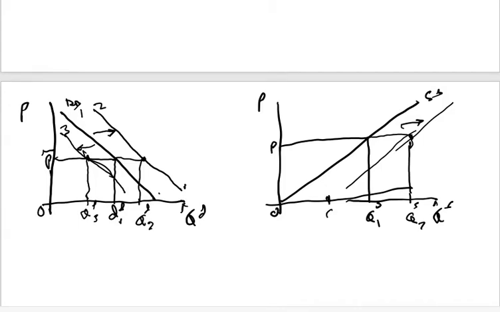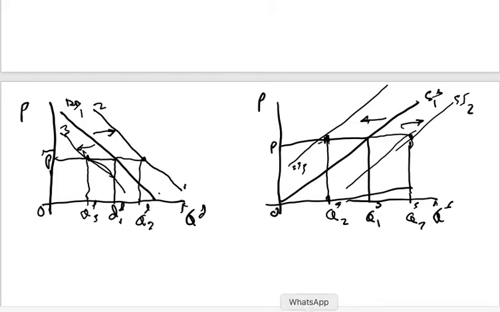Supposing that the cost of production has increased, we know that supply will reduce. So we have a new point here, and we have another curve which is parallel to the original curve. So similarly here, the leftward shift is a reduction in supply, while a rightward shift is an increase in supply.